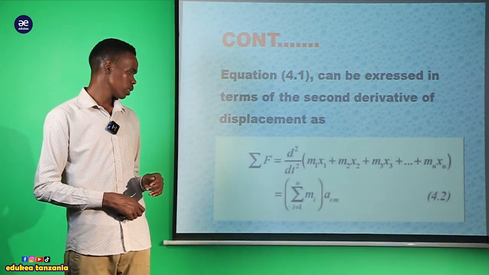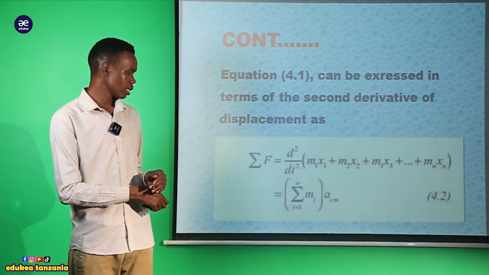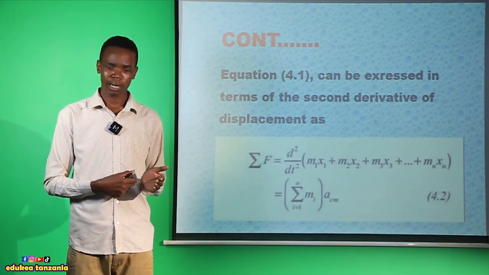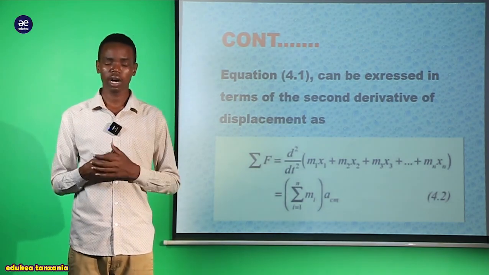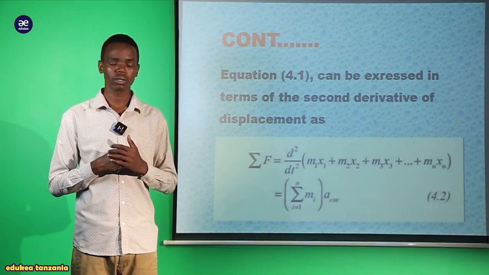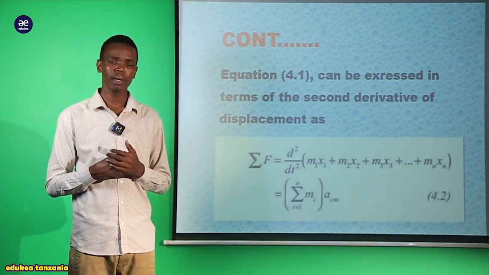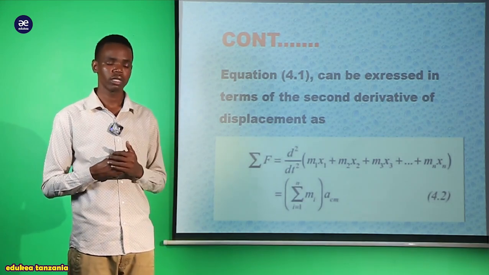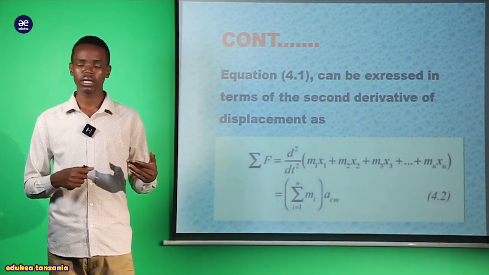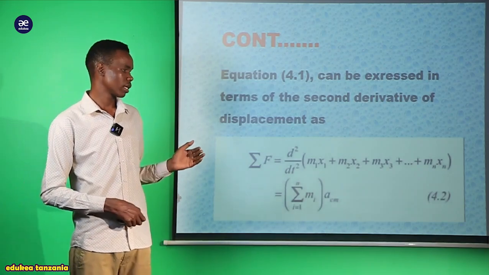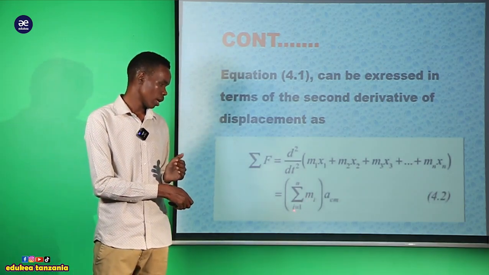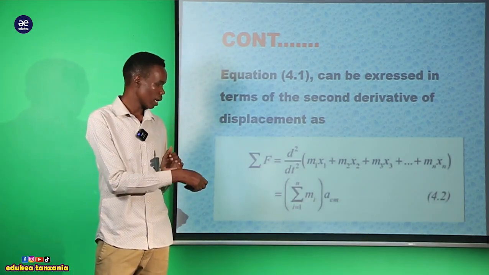So here, my dear student, we see that this mass should vary because inside the irregular object we have many particles. If we have many particles inside this irregular shape, we could say that this must be i. It means i should start from 1 mpaka n terms.